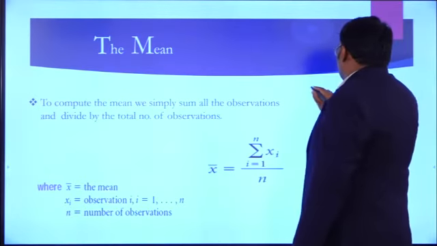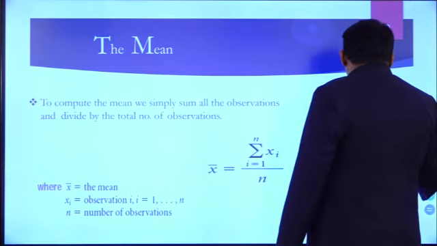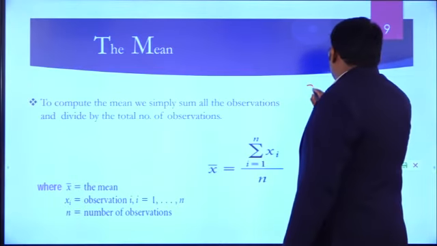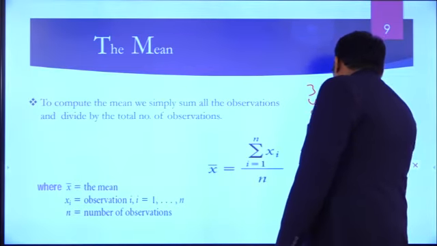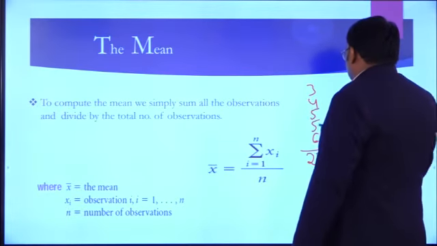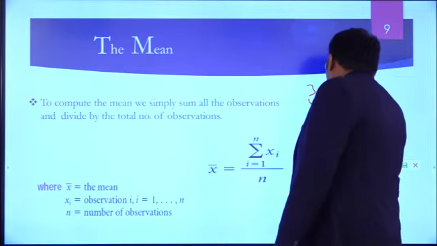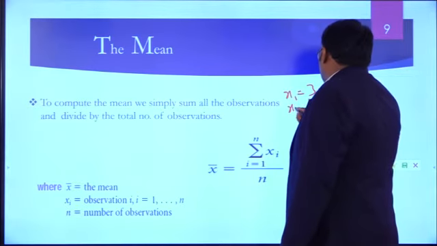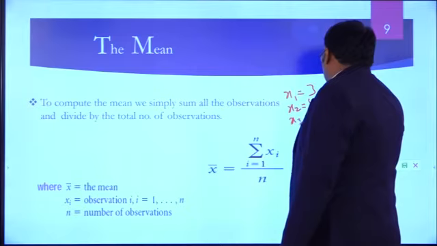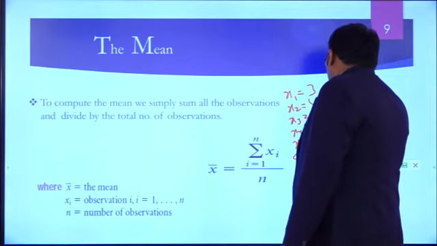As I said, 3, 4, 5, 5, 6. This sums to 23. These are the x values: x1, x2, x3, x4, x5.